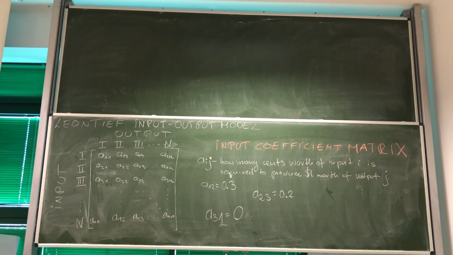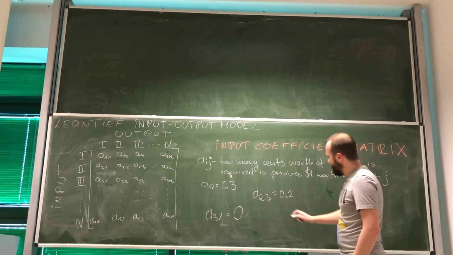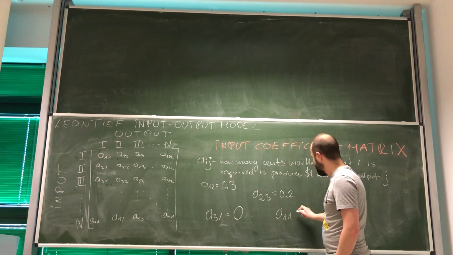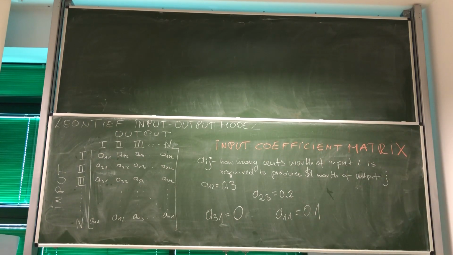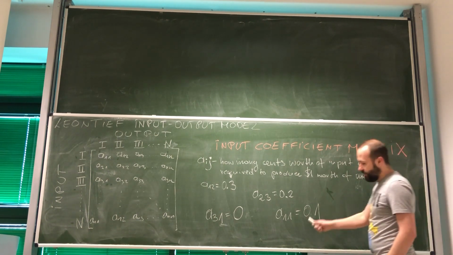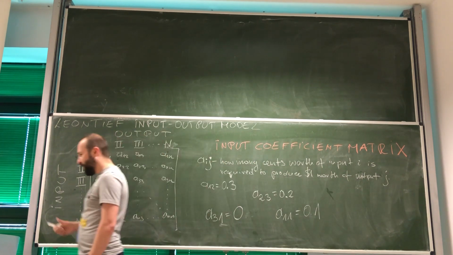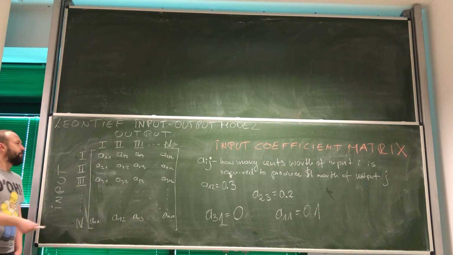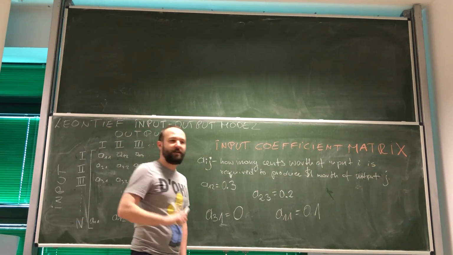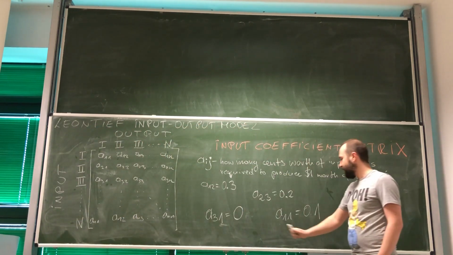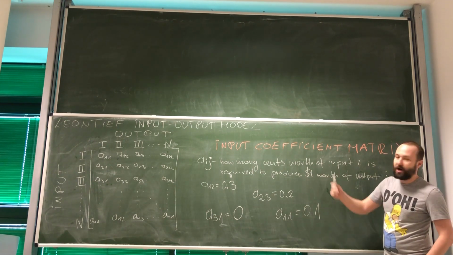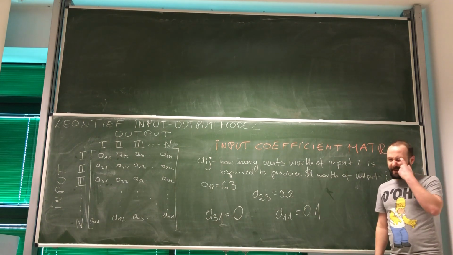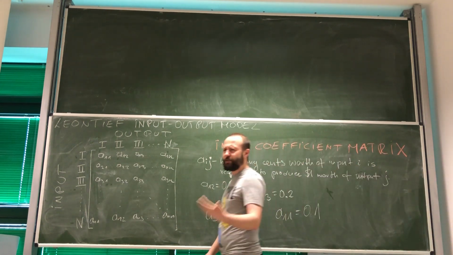So, what else can we have here? What about A11? Let's just say that this is the case, A11 equal to 0.1. It tells us that in order to produce $1 worth of good 1, we need to use in the production process 10 cents worth of good 1. This might seem counterintuitive. How will we use the same good? Right?